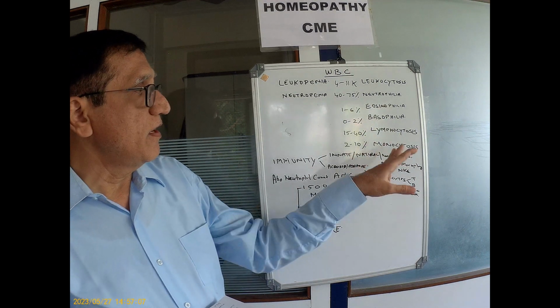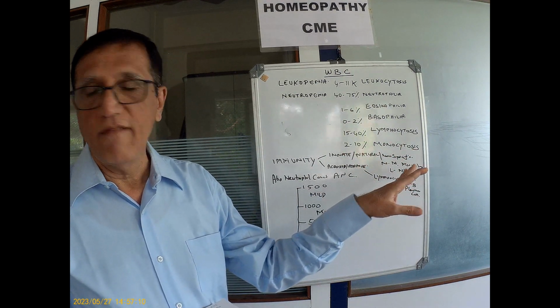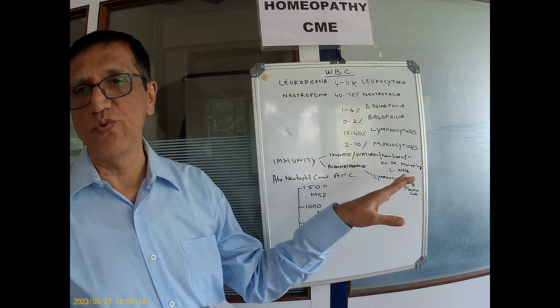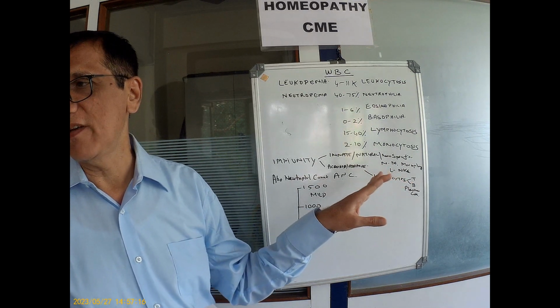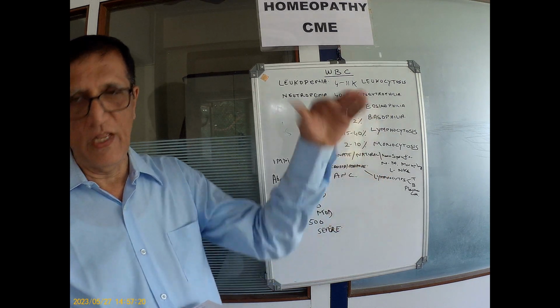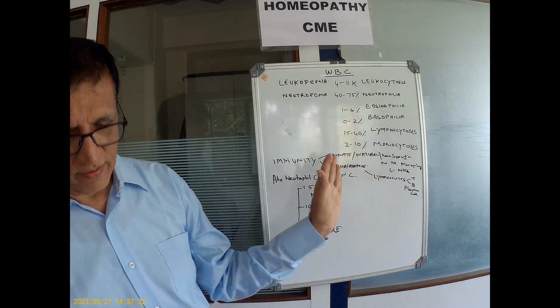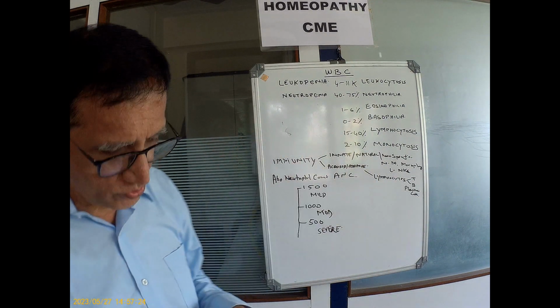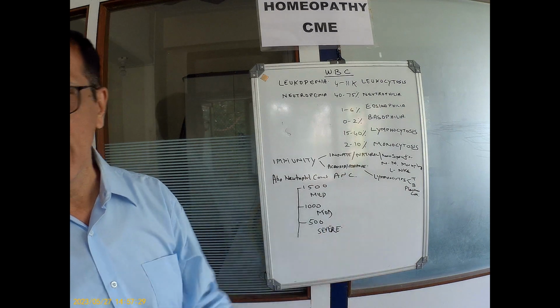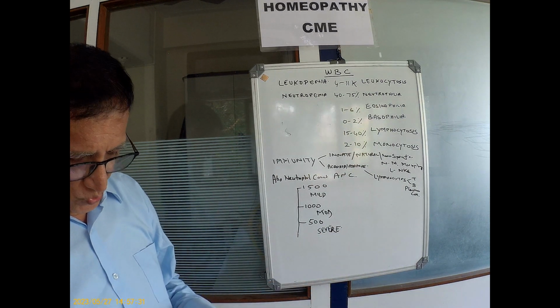And in viral infections, when the body is mounting a response, the body reacts and produces more monocytes. I'll tell you how it goes on. So in viral infections also you get monocytes towards the later end of the disease.